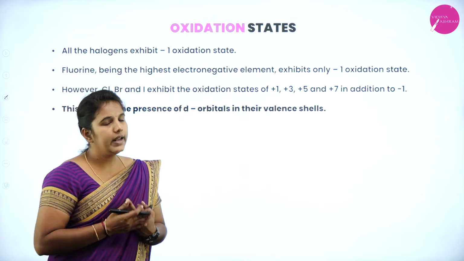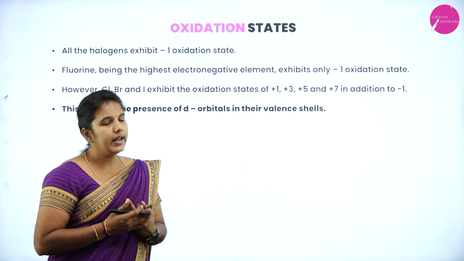How come? Because the valence shell consists of 7 electrons. In order to get an octet configuration of 8, it has to accept 1 electron, right? If it accepts 1 electron to get this stable configuration of 8, it shows what? -1 oxidation state.